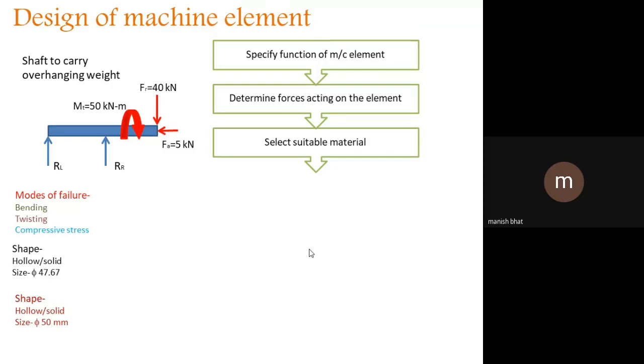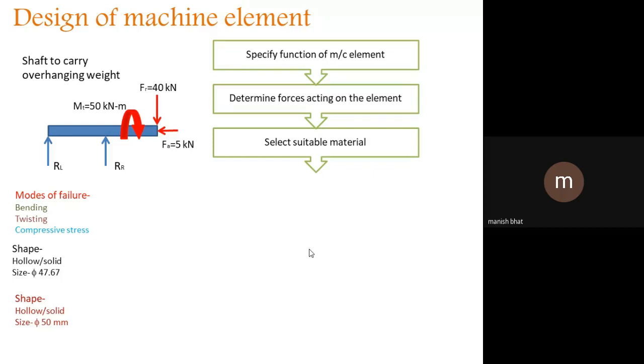There are inherent properties of every material, and those inherent properties can be enhanced by heat treatment and different surface treatments, and by that the strength of the material can be enhanced. So we have to select suitable material. How to select suitable material?